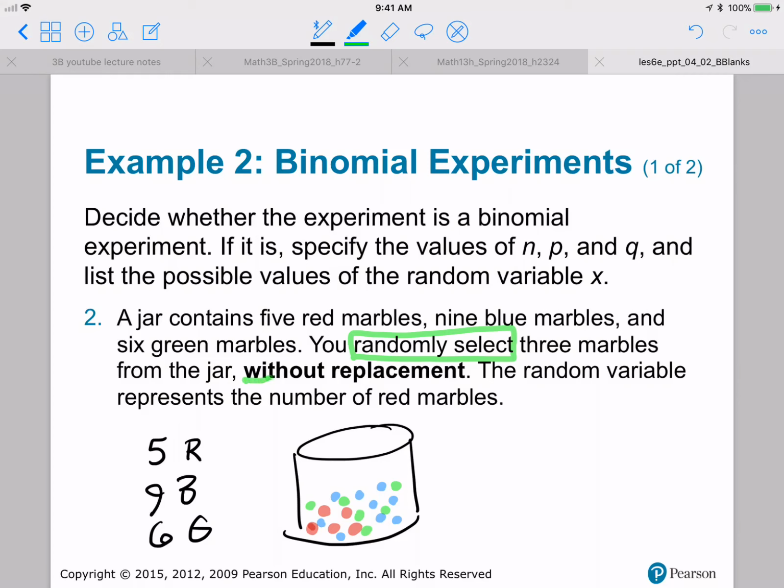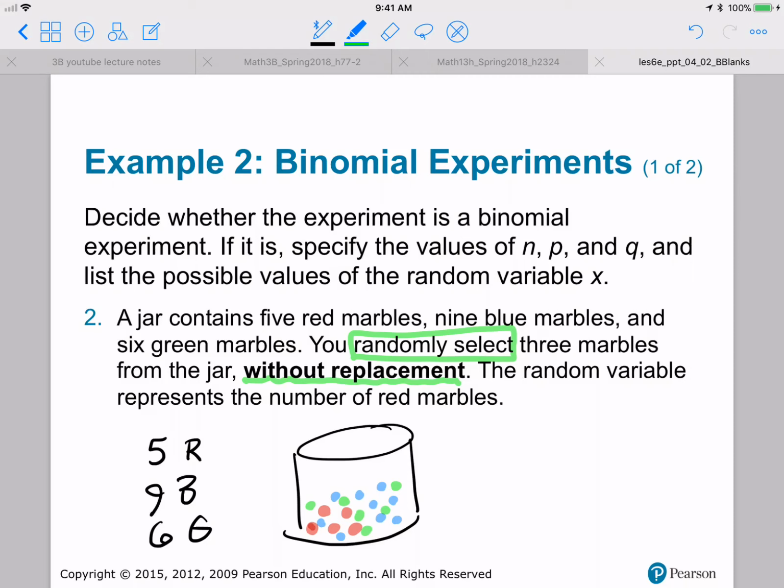Now, without replacement, after the first trial, instead of 20 marbles in the jar, there are 19. For the second trial, you pick another marble, and now there are 18. Then the third trial, you pick another marble, and now there are 17.